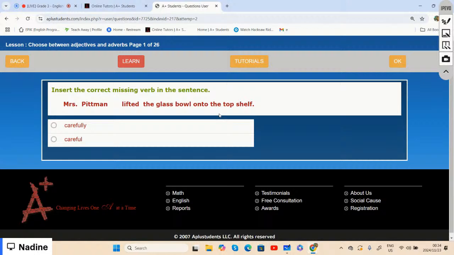It says we need to insert the correct missing word within the sentence.